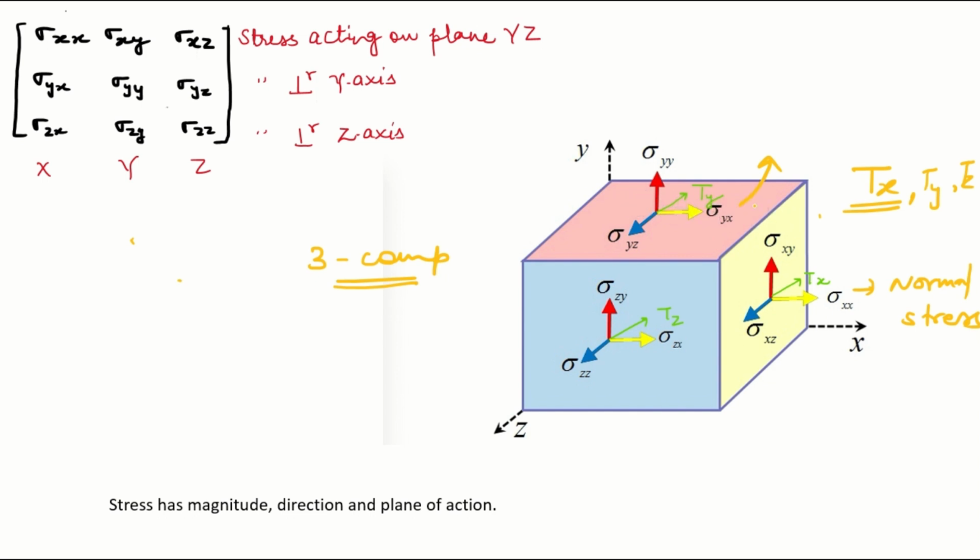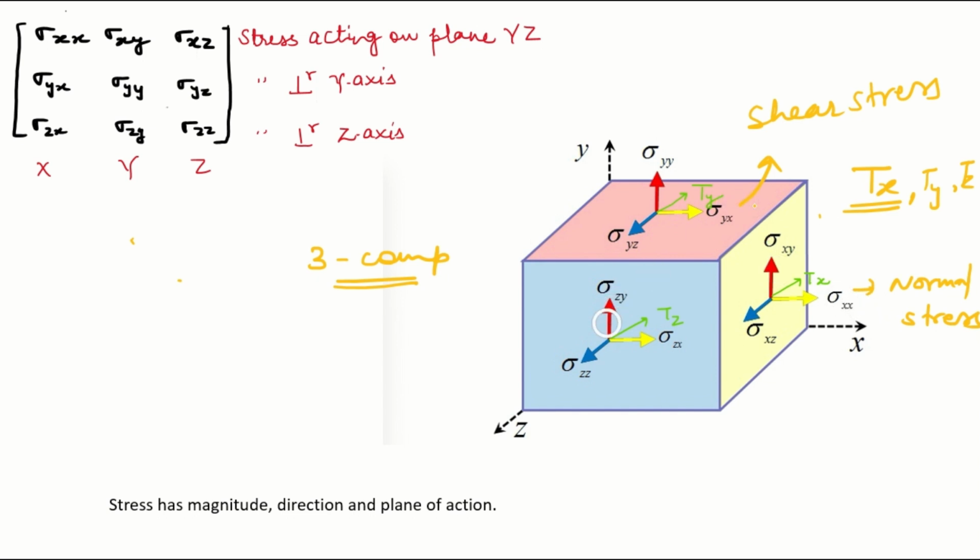This kind of stress is called shear stress. So sigma yx and sigma xx have the same direction, but we cannot combine them, because the nature of force is different. Shear stress will drag, and in normal stress the force nature is pulling. So you cannot combine these two stresses.